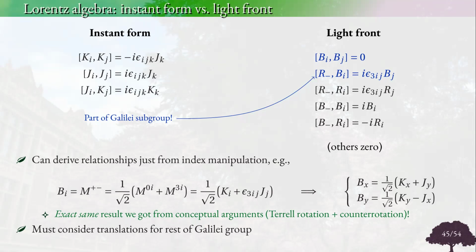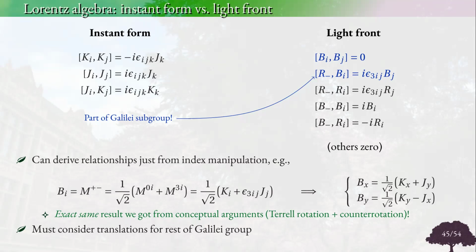So this shows a consistency between the rote algebra and the conceptualization. They're two sides of the same coin. They're both ways of looking at the light front, and I feel like it's really fruitful to be able to prove things using just the algebra and to be able to think about things in a conceptual way. Being able to do both makes light front feel a lot more natural and intuitive.